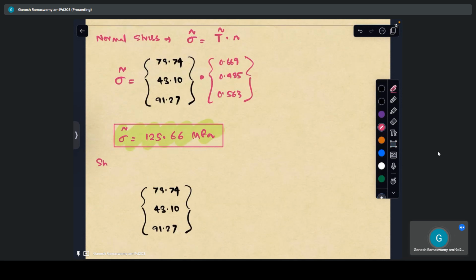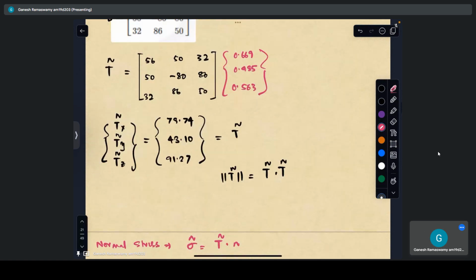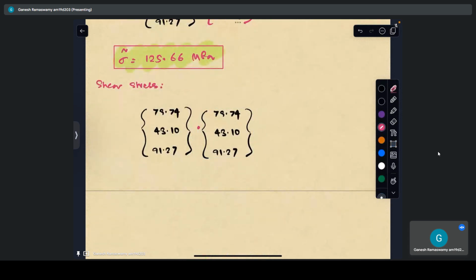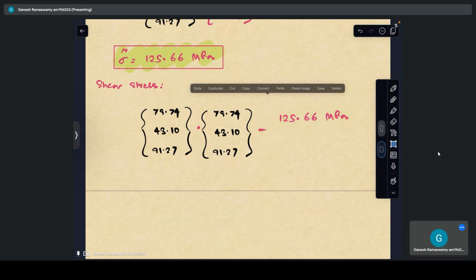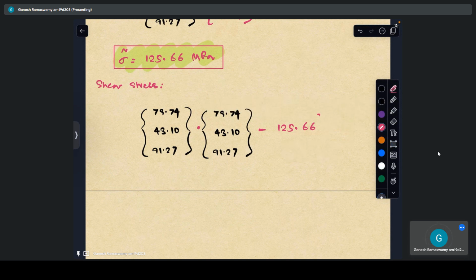So for the shear stress, I have Tn dotted with Tn minus the square of this. So this is my tau n, which is root over this quantity. So let us see what that comes out to be.